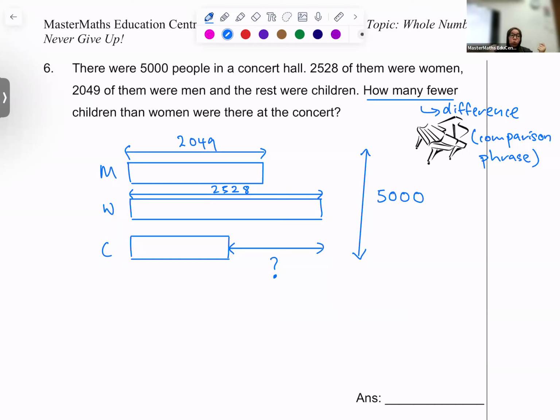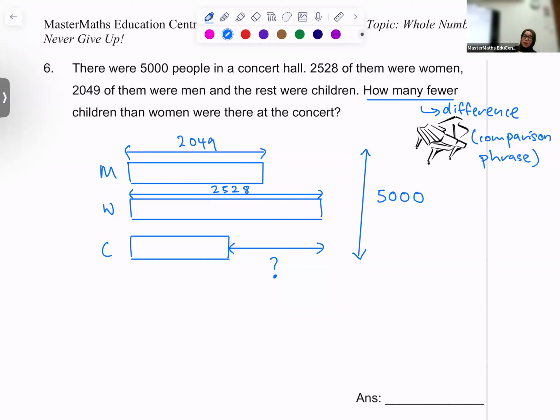So always read the last sentence. Ask yourself, what do I need to know to answer the question? Don't do anything first. Make sure that we're understanding the question first. How do we find the difference between women and children? Do we take children minus women? Women minus children? Yes. Do we know the number of women? Yes. Do we know the number of children?